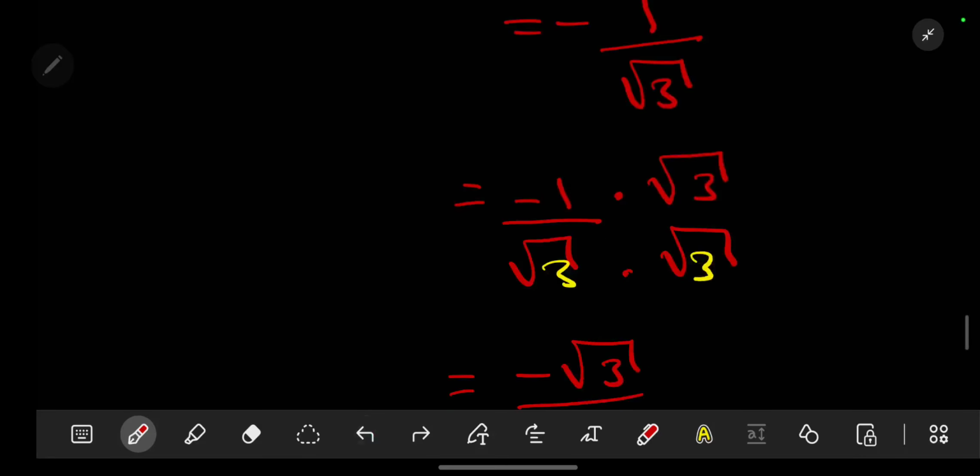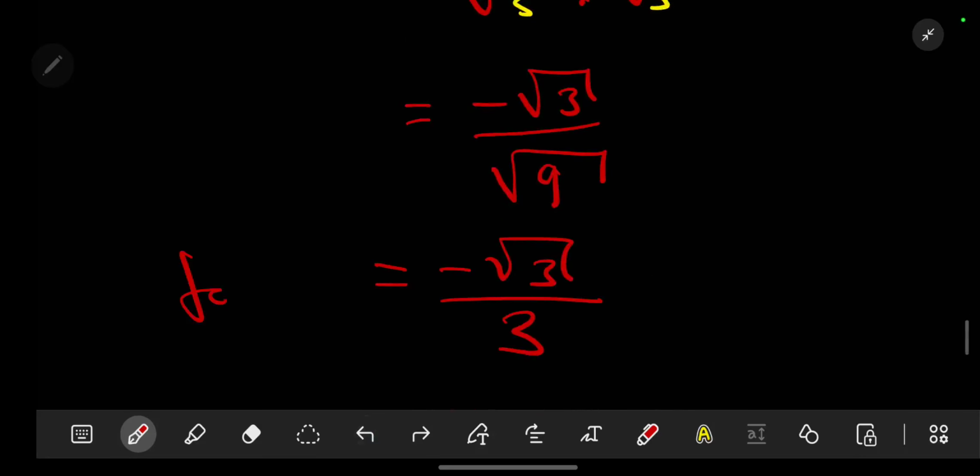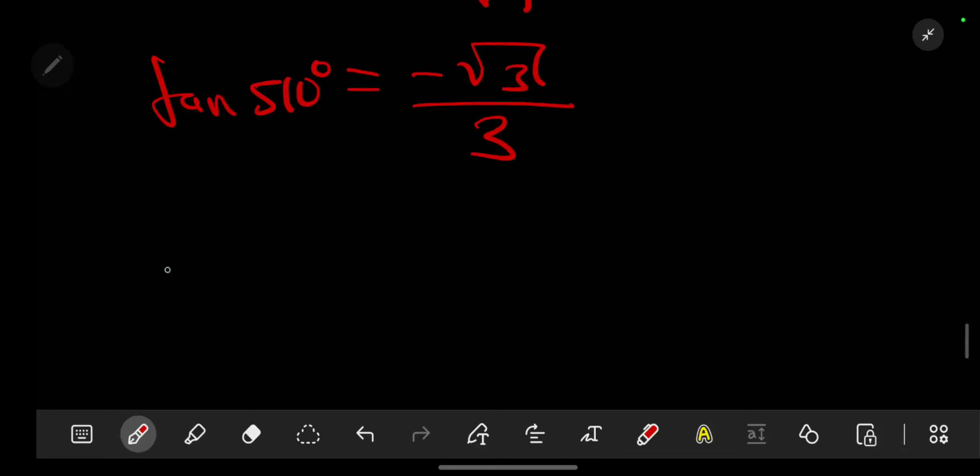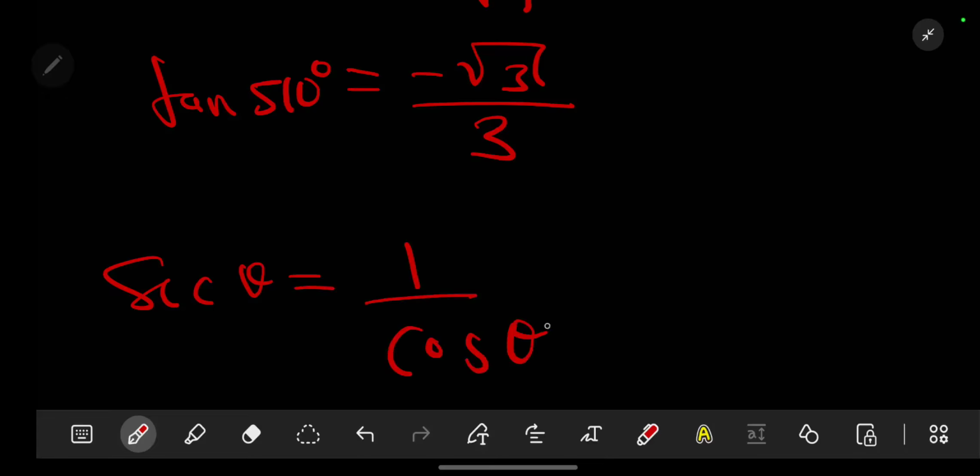So this is the tan of 510 degrees. Then to find the sec of theta, remember sec is equal to 1 over the cos of theta. So sec is associated with cos.